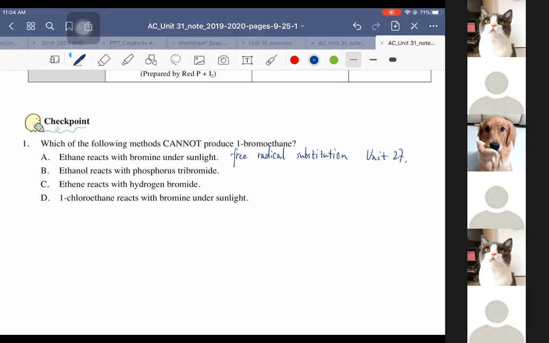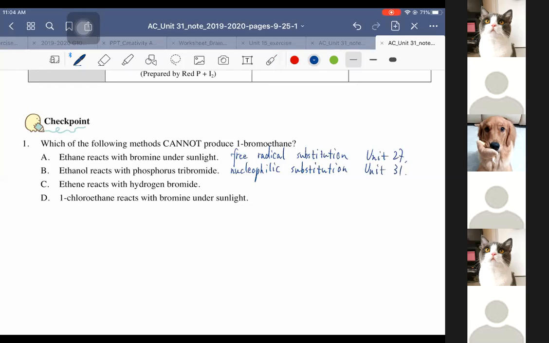And then for part B, ethanol reacts with phosphorus tribromide. This is the one that we just talked about, and it will undergo nucleophilic substitution. That's what we learned in this unit.